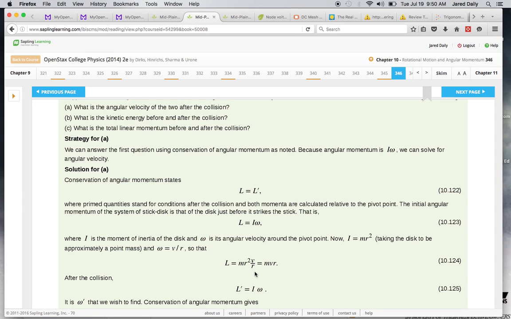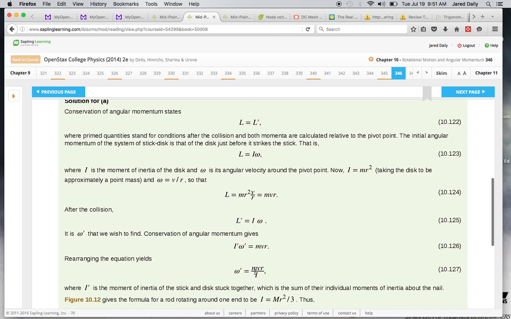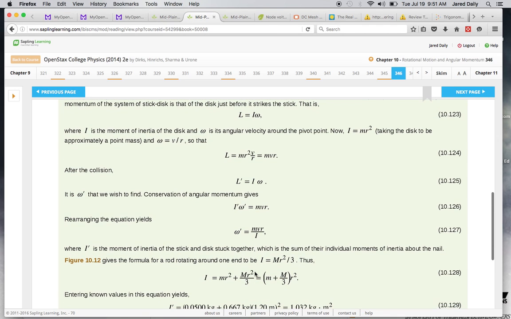But then after it hits the stick, you have two I's to consider. You have the I of the ball, or the puck, which is just mr squared, and then the I of the rotating stick, which happens to be 1/3 mr squared. So you have to add those together, and so we do that here. The m plus m over 3, where the big M is the stick.